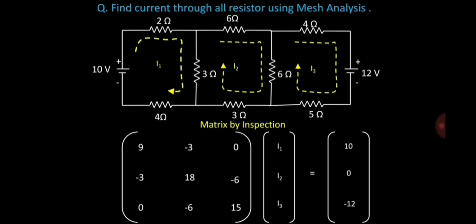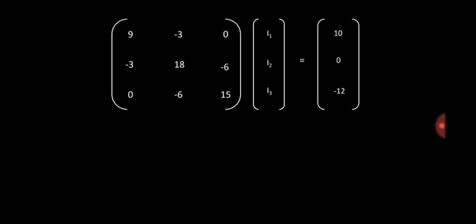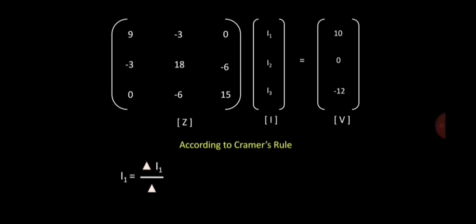So we want to solve this one using Cramer's rule. As we said previously, by applying Cramer's rule, you have to find the determinant of the main matrix, then find the determinant of individual matrices of I1, I2 and I3.